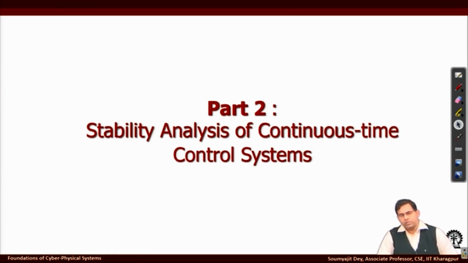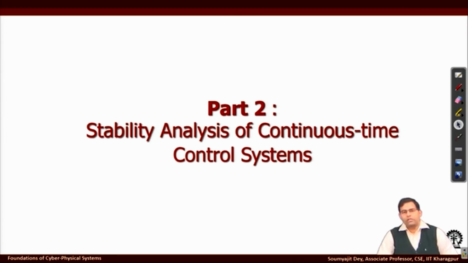We do not have any such mathematical characterization of such responses. For this, we bring in this infrastructure of stability analysis. So, we will try to define what we mean by stability of such dynamical systems, and we will then talk about how to analyze, given a dynamical model of the system, whether the system would be stable or not.